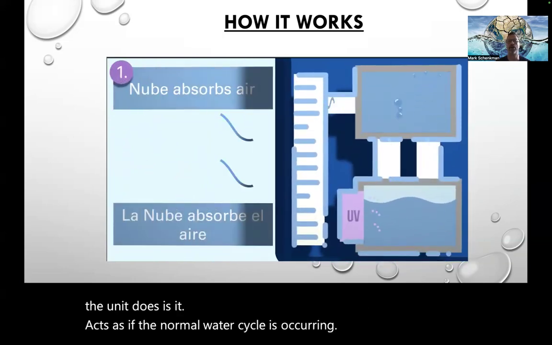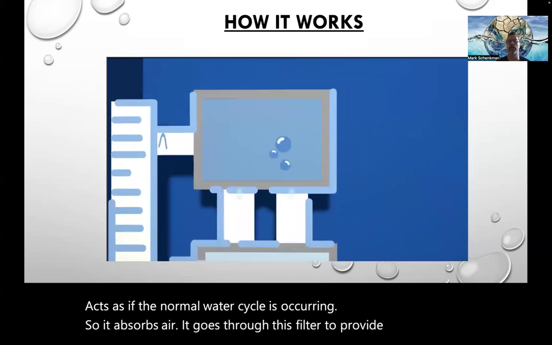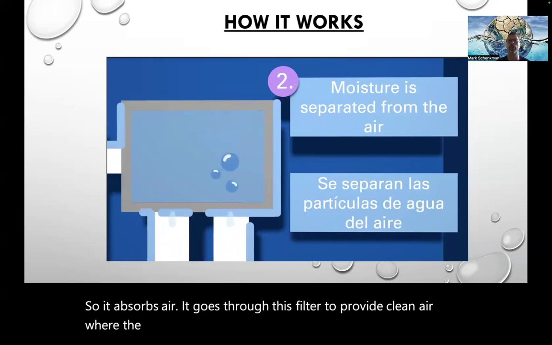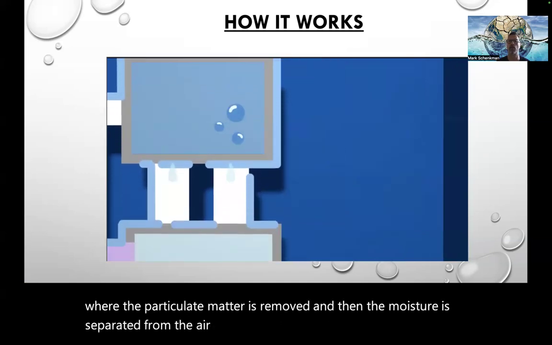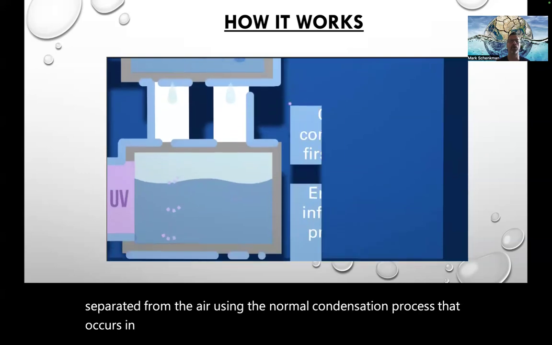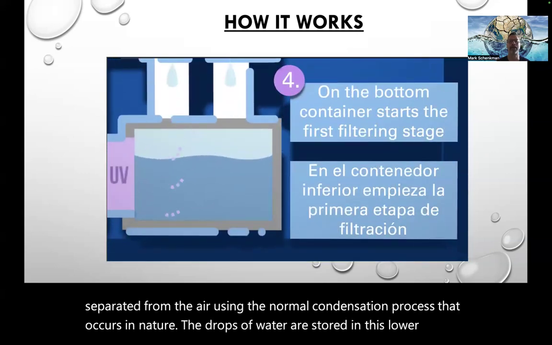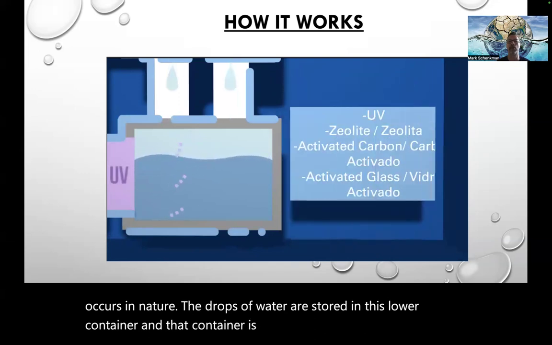It absorbs air, it goes through this filter to provide clean air where the particulate matter is removed. And then moisture is separated from the air using the normal condensation process that occurs in nature. The drops of water are stored in this lower container, and that container is filtered with UV radiation.